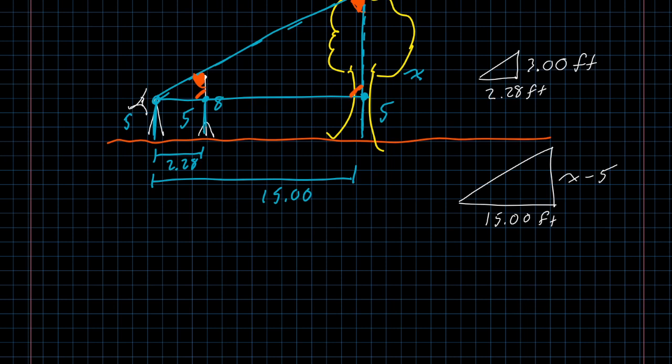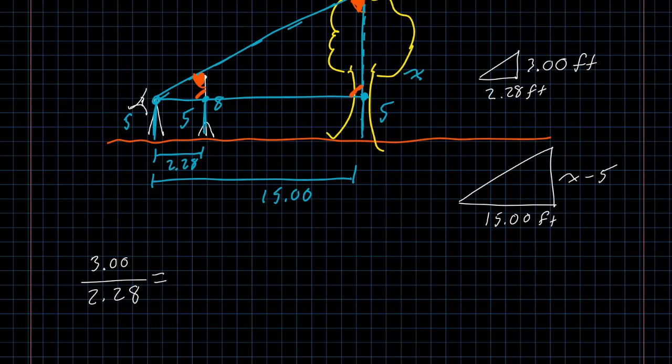All right, but these two triangles are similar. And because these triangles are similar, corresponding sides have to have lengths that are in proportion to each other. So on the smaller triangle, I have the sides measuring 3.00 feet and 2.28 feet. And everything is in feet, so the feet are all going to cancel each other out. I don't even need to have written them in the first place.